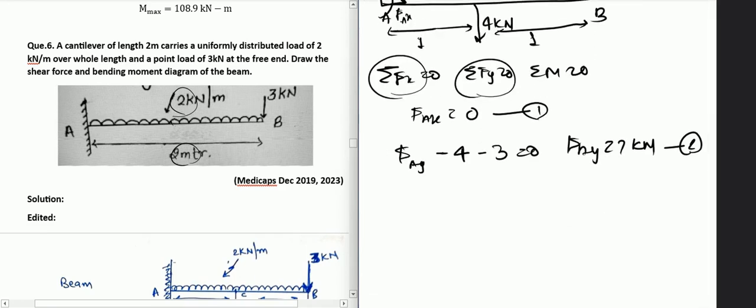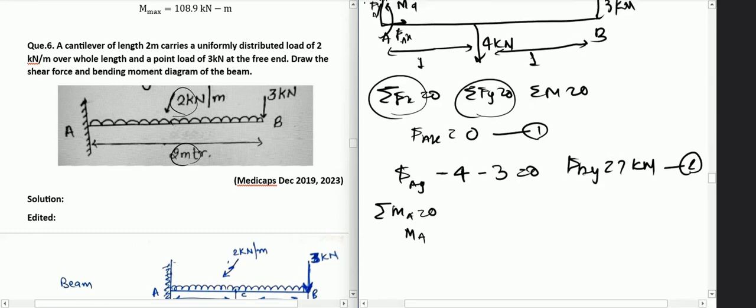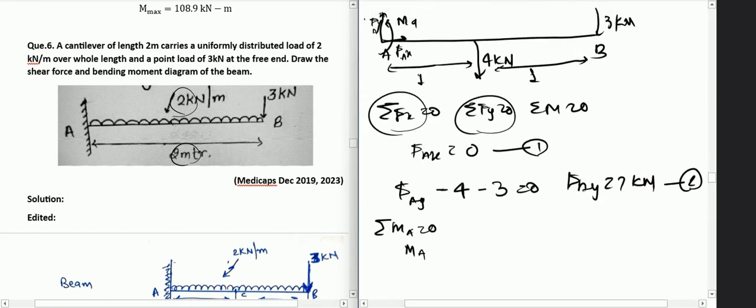And we also have an unknown moment at A. So what we can do is apply the condition of summation of moment at A is 0 because of the equilibrium condition, and that will give you the unknown moment. So let us say we have some unknown moment MA. And we also have 2 clockwise moments.